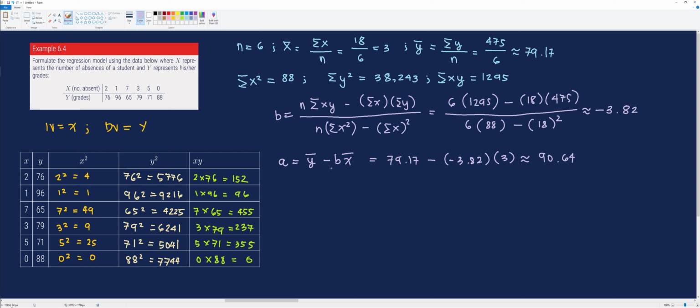Therefore, the regression equation is given by grade hat is equal to 90.64 minus 3.82 times the number of absences.